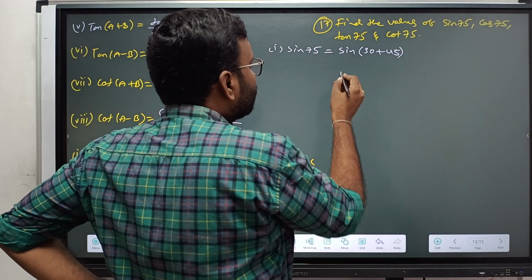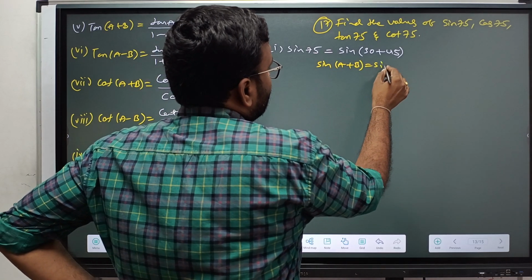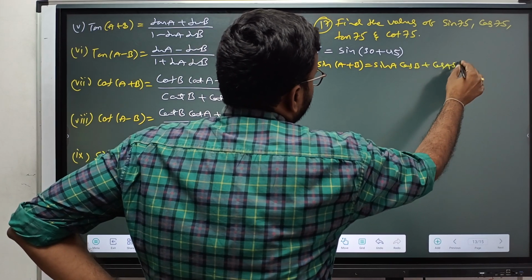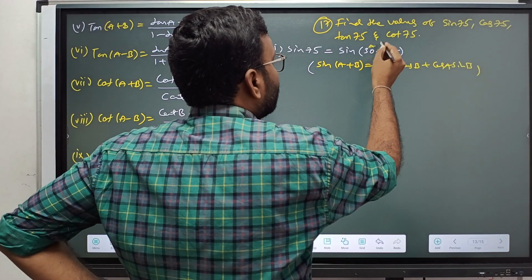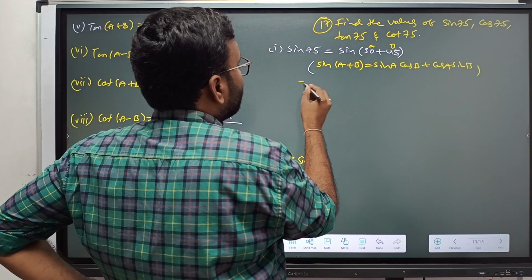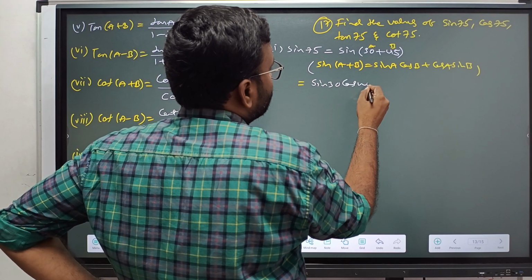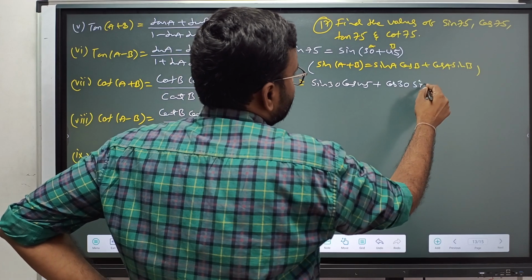This is in which formula? Sine of A plus B: sine A cos B plus cos A sine B. What is A, what is B? Now substitute: sine 30 cos 45 plus cos 30 sine 45.